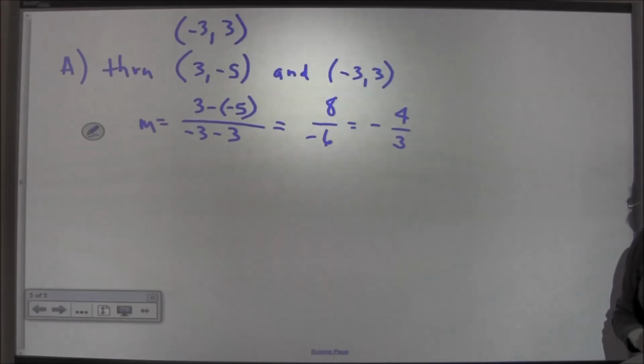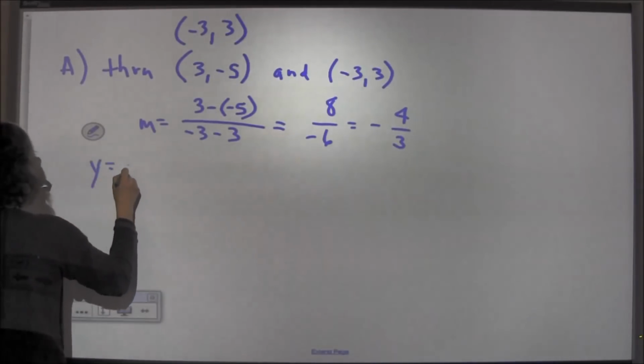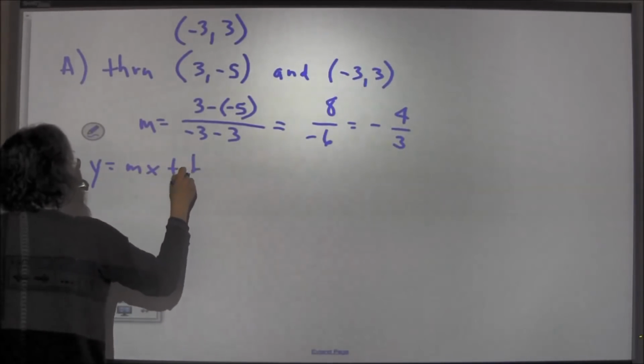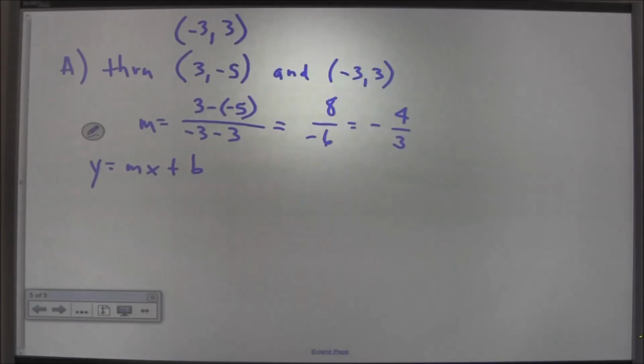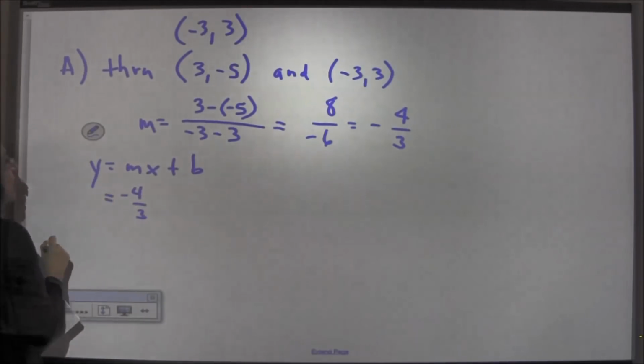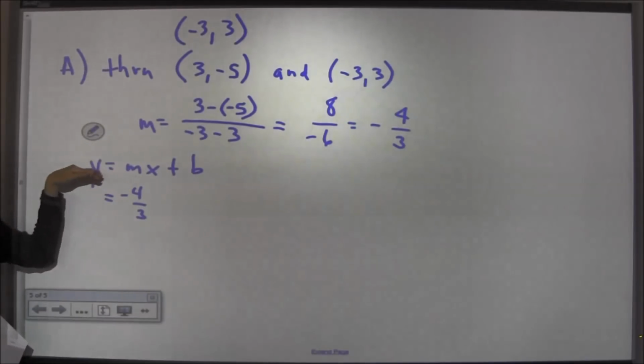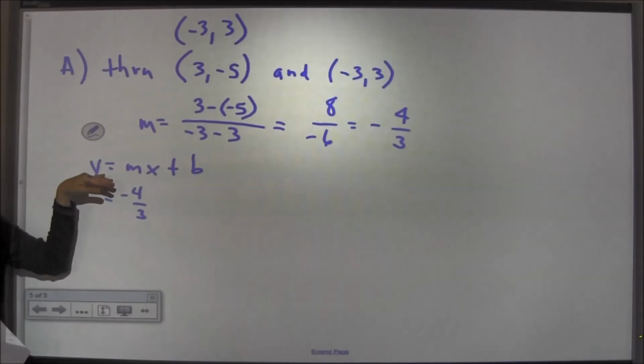Next, it's your choice how you want to find the b value. Some students like to just use y equals mx plus b. How would I use that formula to find b? What do I do? Okay. So you pick one of your 2 points. This equation has to be true for all points on the line.